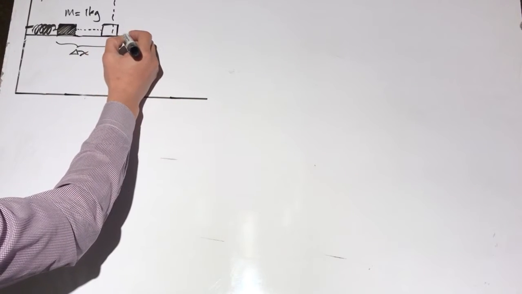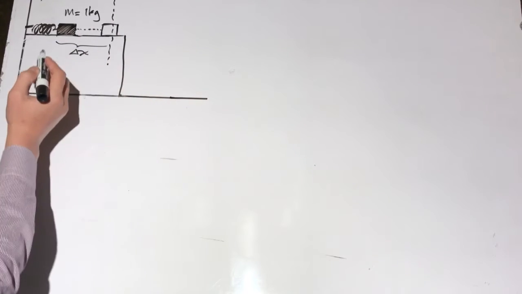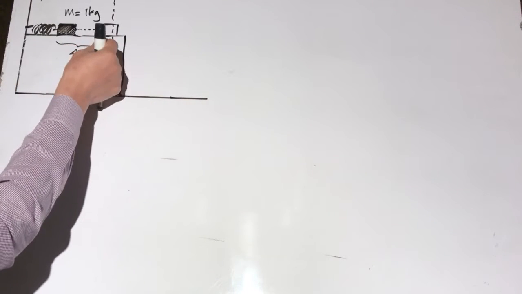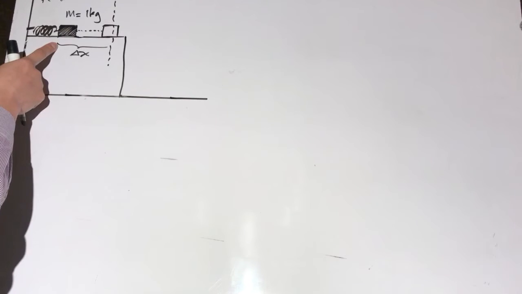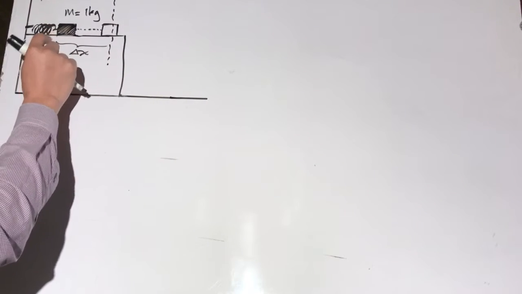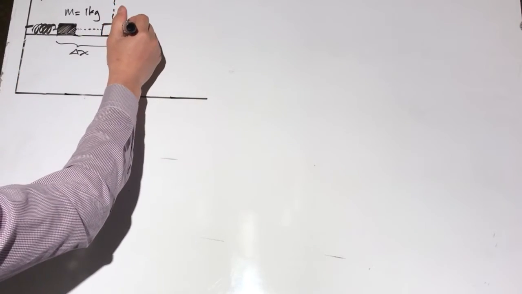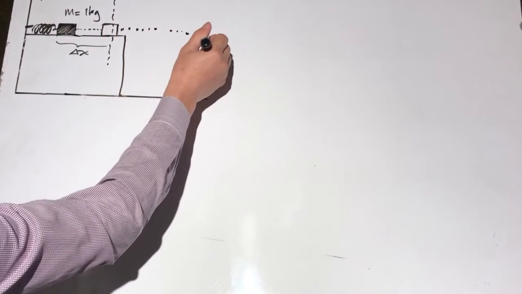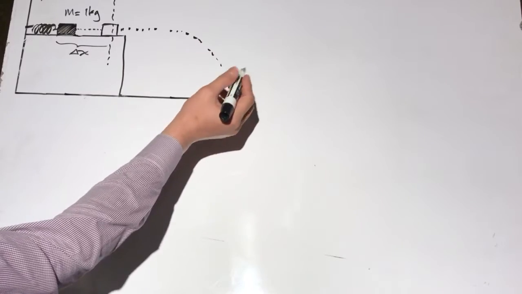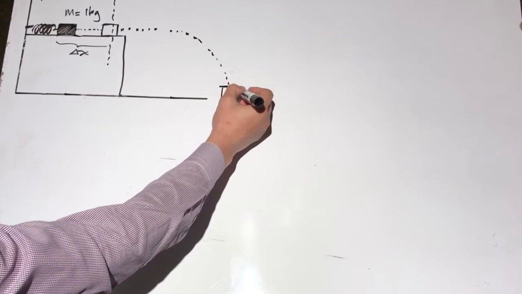So let's draw it again. This is a table. Once you compress the spring this much and then release it, the box will keep moving according to the kinematic equation, and eventually it will land over here.